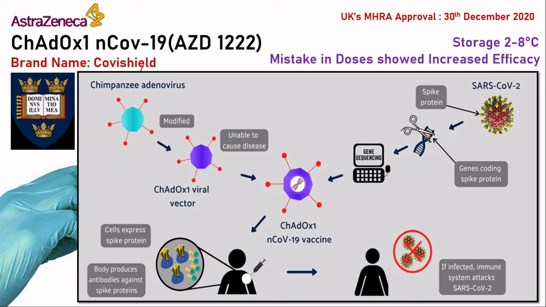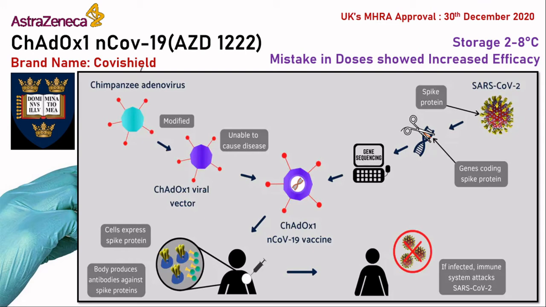By mistake, the first dose was given only half of the required quantity. Okay, so suppose 1 ml of the formulation has to be injected, so 0.5 ml was injected by mistake.